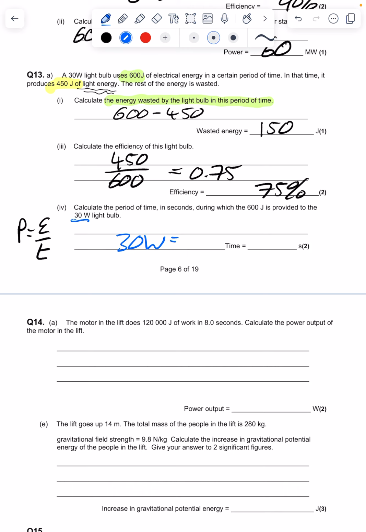What other information do we have? Well, we're told that it's 600 joules. And then we want to work out the time period there. So when we rearrange this, time equals 600 divided by 30, which will give us an answer of 20 seconds.